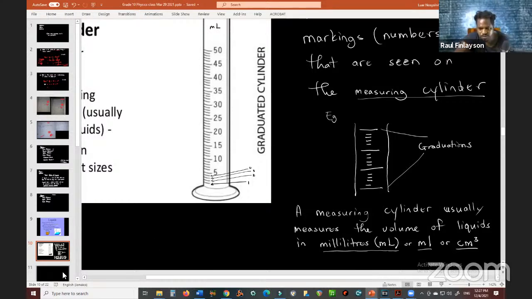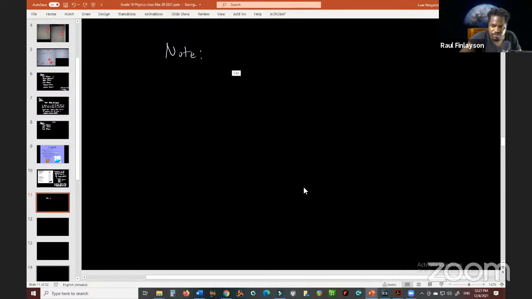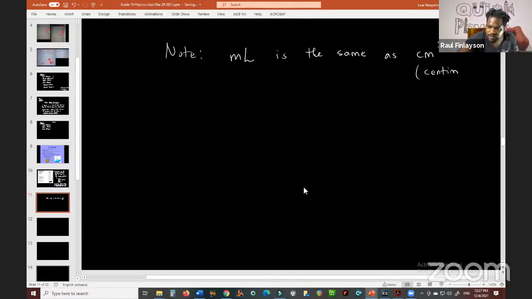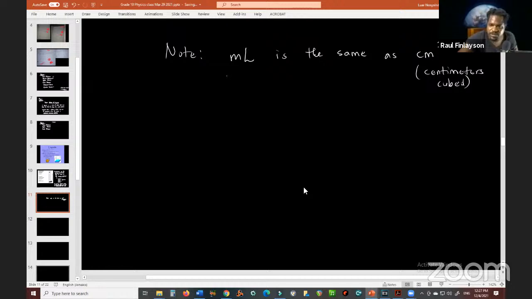So let me give you this information here, guys: note that one milliliter is the same as one centimeter cubed, and of course milliliters.